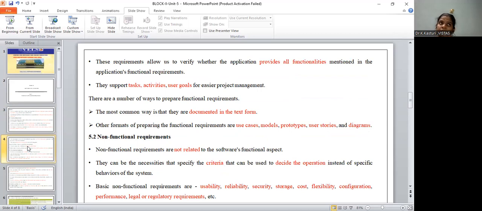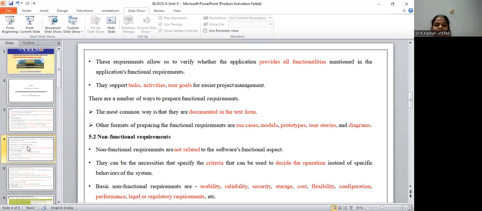What are the requirements needed by the customer or the client should be provided as functionalities, which were mentioned in the application's functional requirement documentation. And what do the functional requirements do? They show how it can be implemented as tasks, activities, and user goals for easier project management.